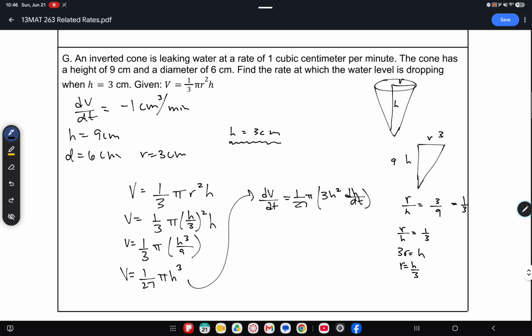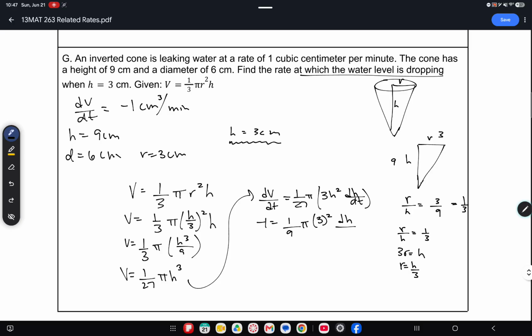So dV dt was -1. 3/27, I can make that 1/9 pi. H, we know, is going to be 3. And then dH dt is what we're solving for, right?